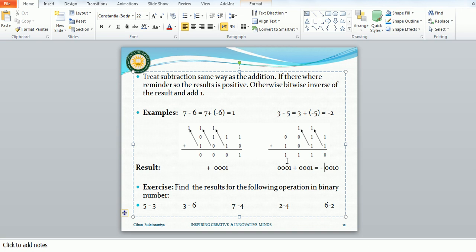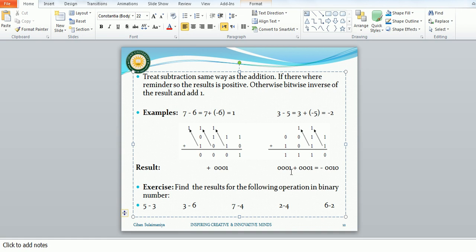The 2's complement of 1 1 0 1: first invert the bits of this number, the invert of 0 is 1. Then after inverting the number, I have to add 1 to become 2's complement. For 2's complement, you have to add 1.